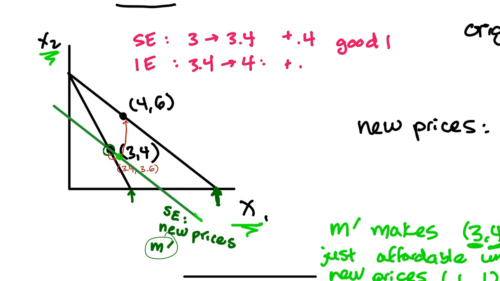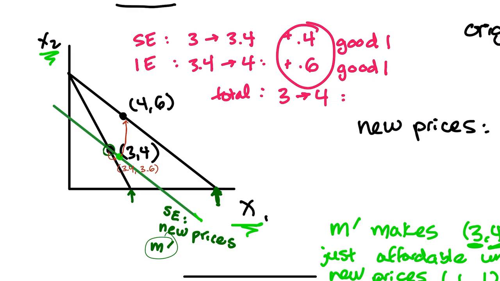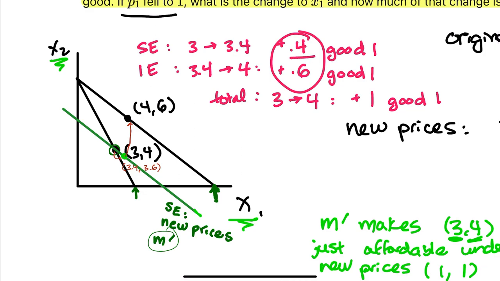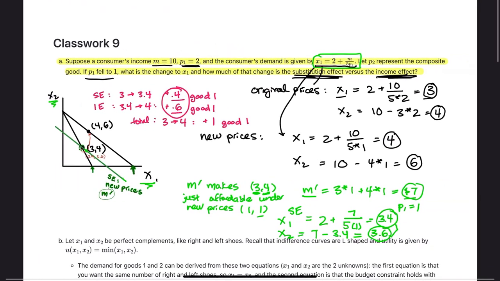So we had plus 0.6 of good 1. And in total, of course, we went from 3 to 4, and you can add up the substitution and income effect. We had plus 1 unit of good 1. When the price fell for good 1, we ended up buying 1 more of them, 0.4 of it from the substitution effect and 0.6 of it from the income effect. So that is the answer to question A.